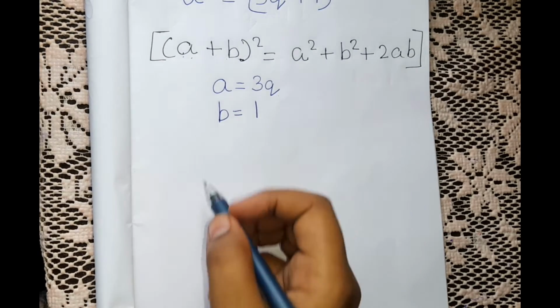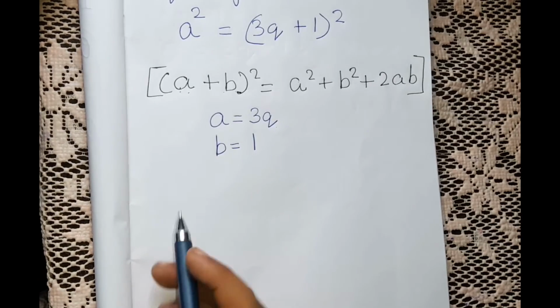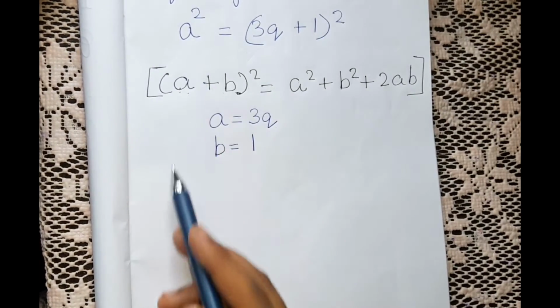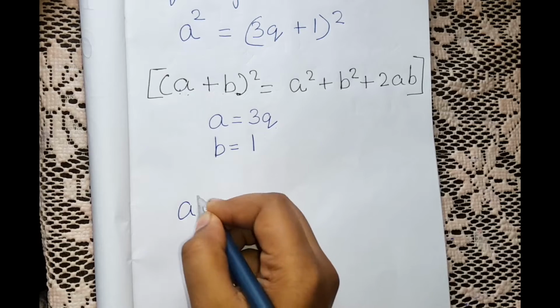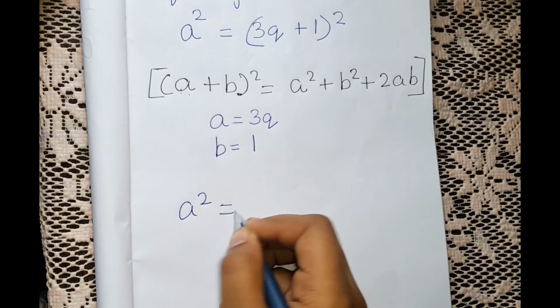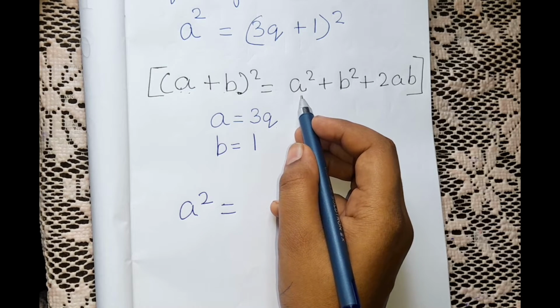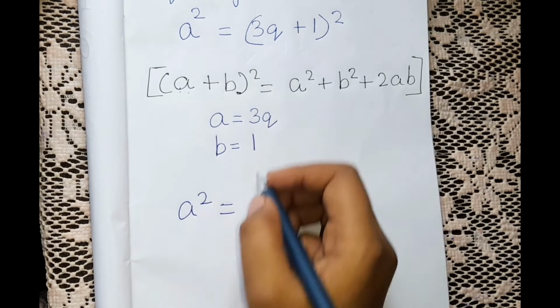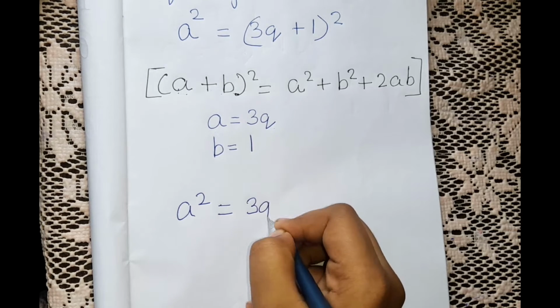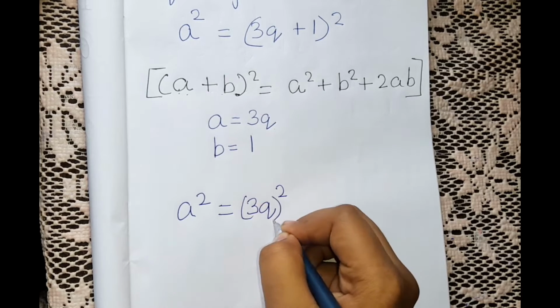Okay, now let's write a square as it is. So a square is equal to, here in this formula, instead of a we are supposed to write 3q. So we shall write 3q and we shall write square. Why are we writing square?